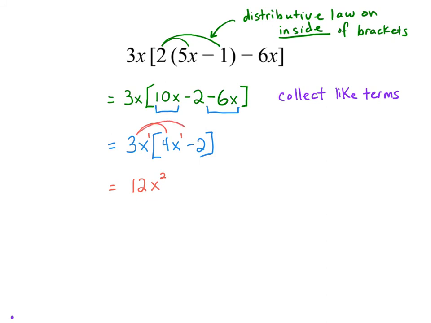Then 3x times negative 2 is negative 6x. And that's your final answer because x squared and x are not like terms, and you can't go any further.